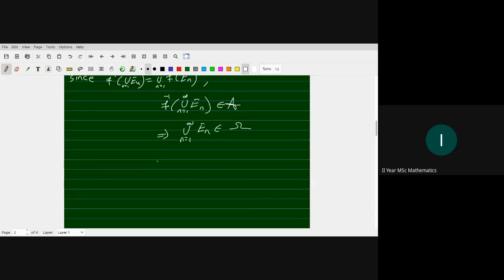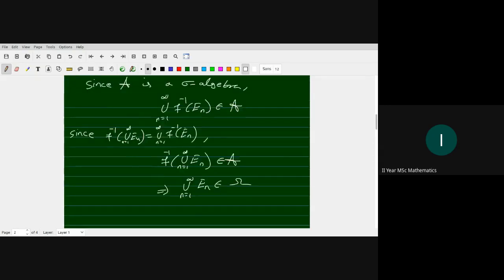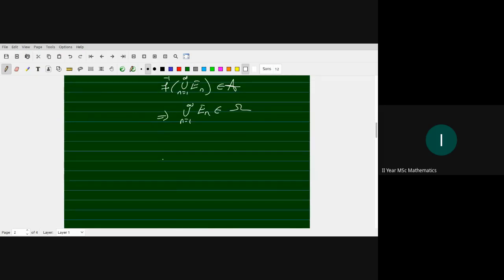So if we have countably many elements of omega, whose union is in omega, therefore omega is a sigma algebra.